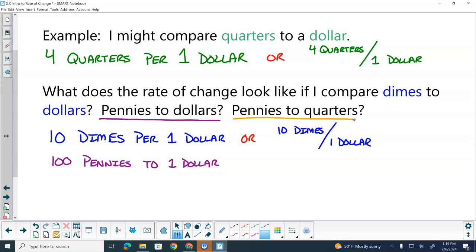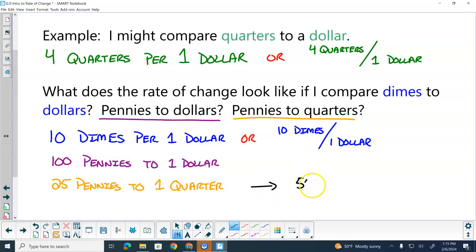If each penny was worth 25 quarters, that'd be pretty cool. Right, exactly. Okay? So it's 25 pennies to 1 quarter.